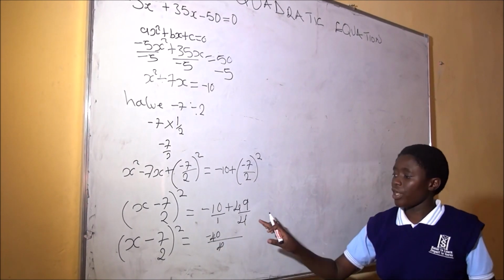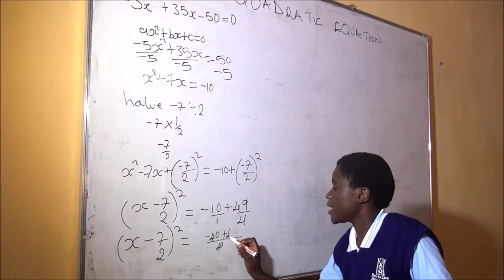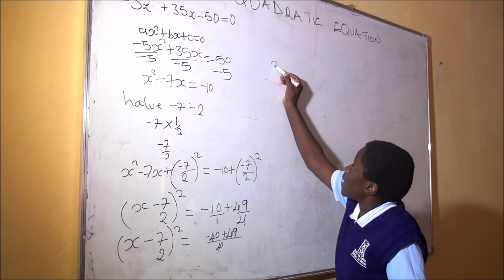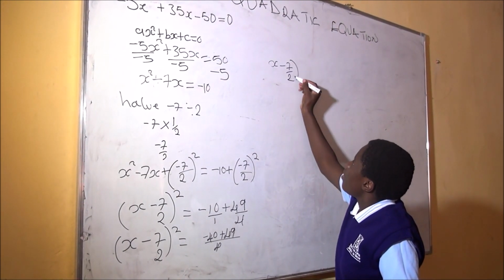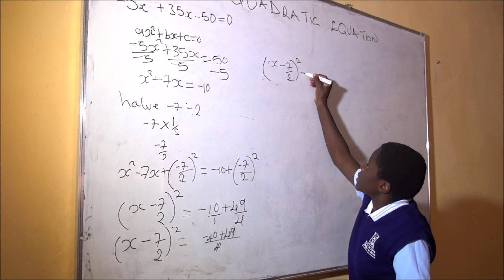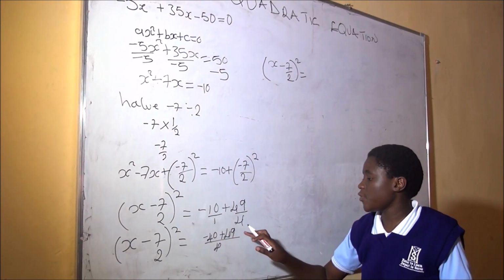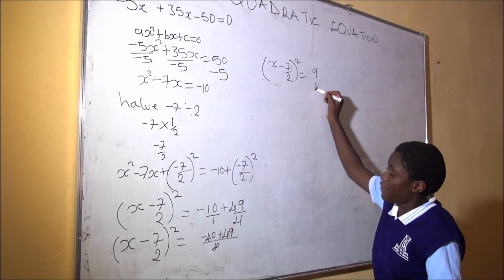Then 4 into 4 is 1, then 1 times 49 is plus 49. So x minus 7 over 2, all squared, is equal to, when we do negative 40 plus 49, 9 over 4.